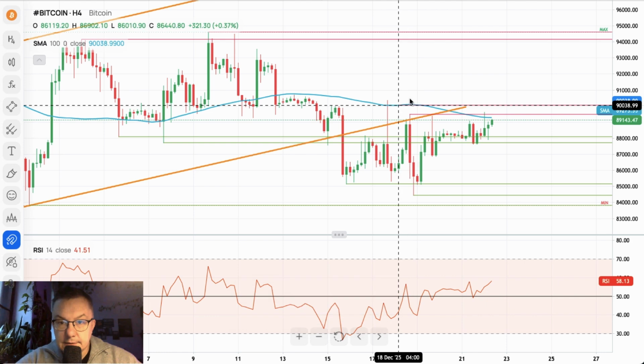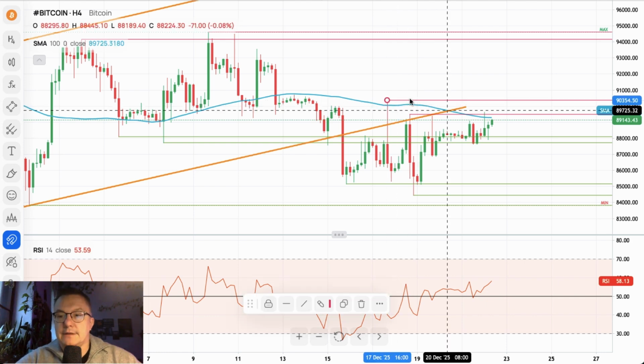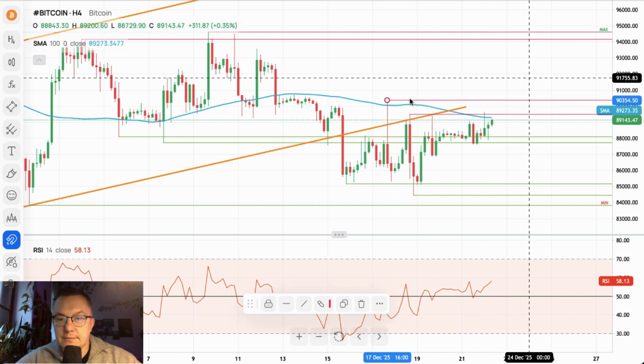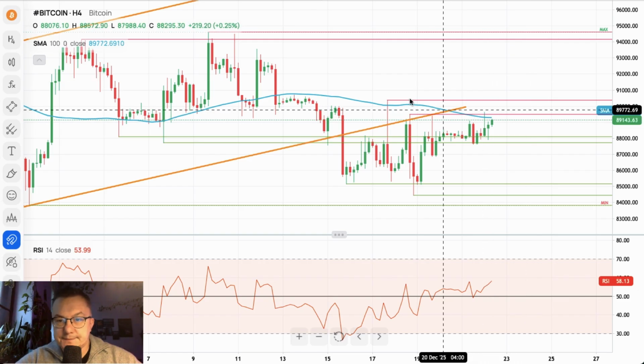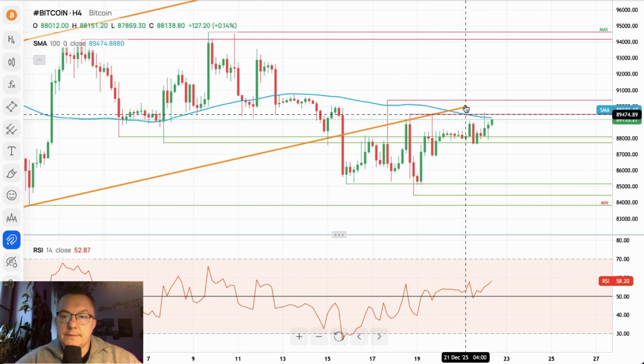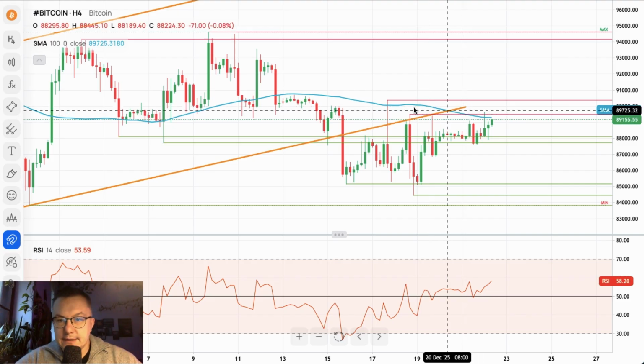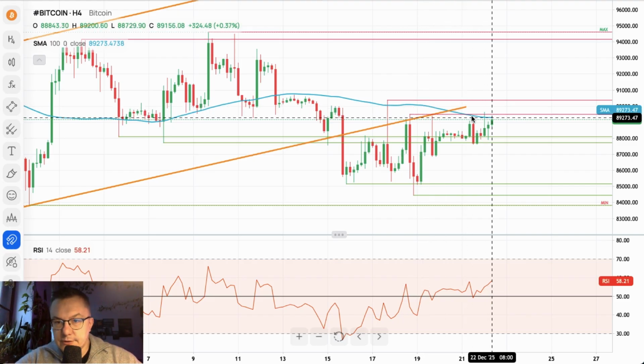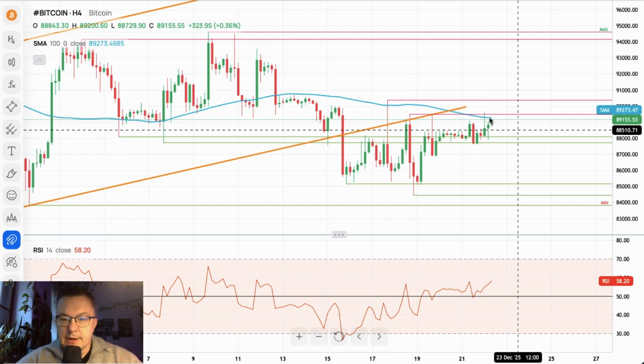Those levels, 99,474 and 90,354, are the major technical resistance levels. As you can see, they are located exactly between the trend line resistance and just above the 100 periods moving average.